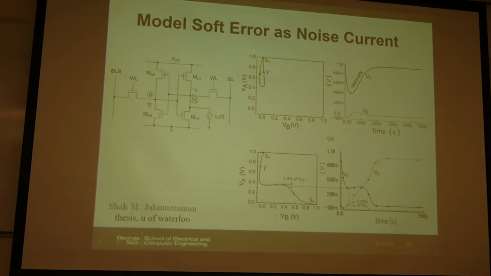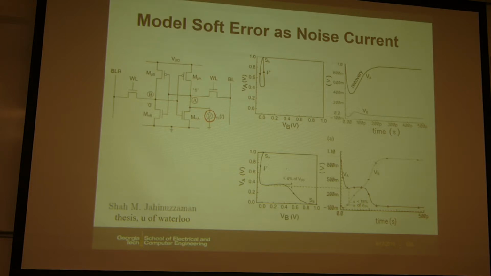So what happens to the SRAM cell if you have a strike? As we discussed, it actually generates the electron and hole pair, and it's like a current. So what you can do to model this is inject a current into the storage node, for example here.